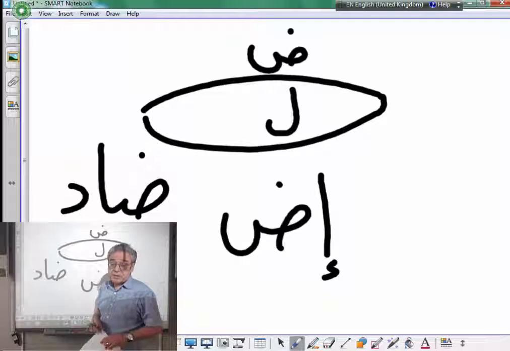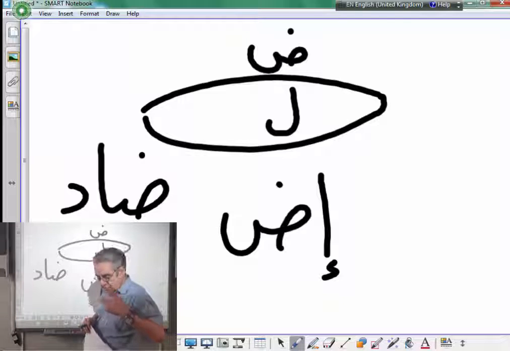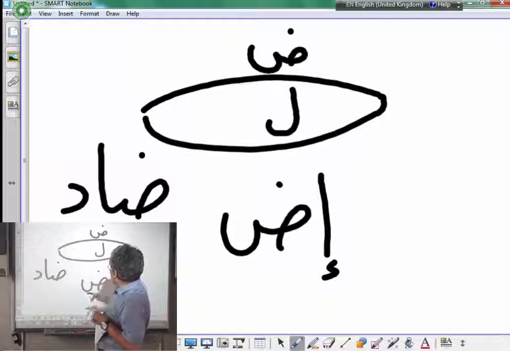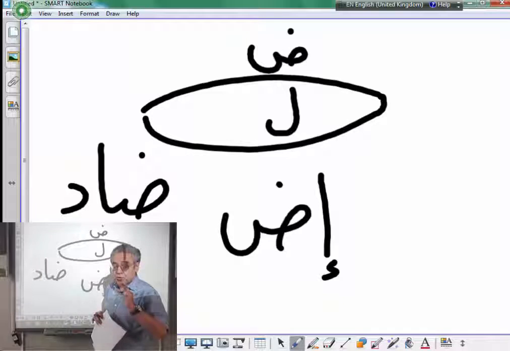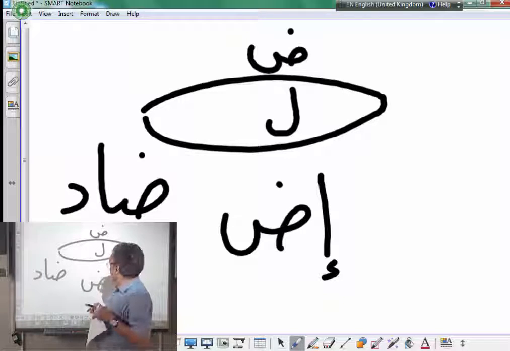While lam is much easier. You push the side of your tongue, the left side, and make it touch the same place.